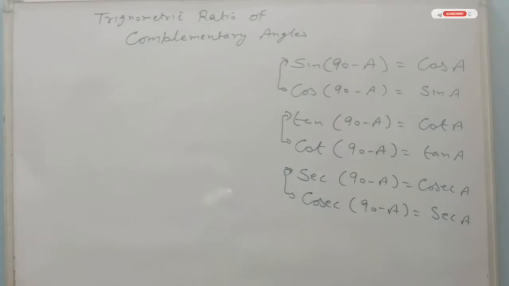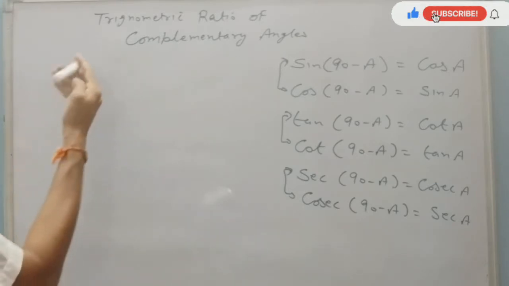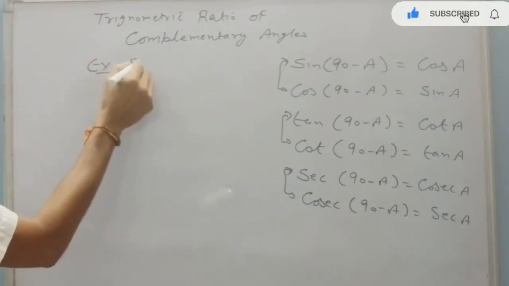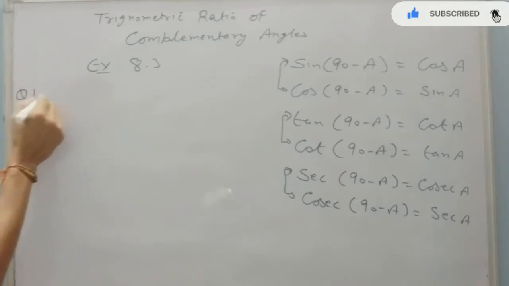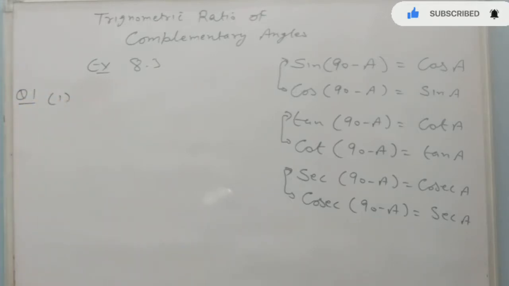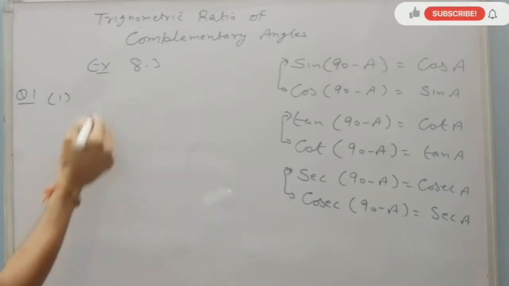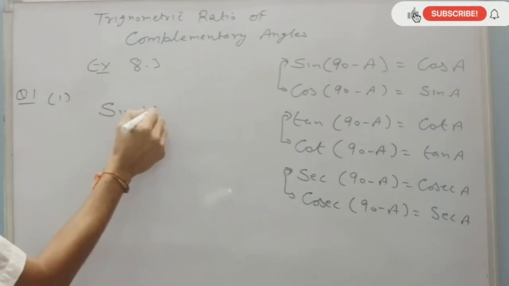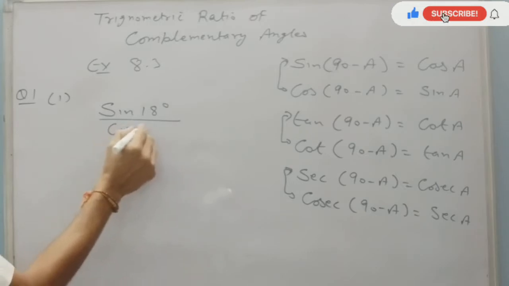Now I will take exercise 8.3 and explain how it is used for those angles whose values are not given in our table, which we learned in 8.2. Then how will we evaluate the values of these angles? See here, exercise 8.3, question number 1, part A: evaluate sin 18 upon cos 72 degrees.